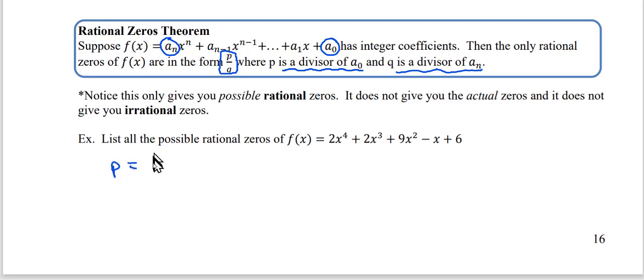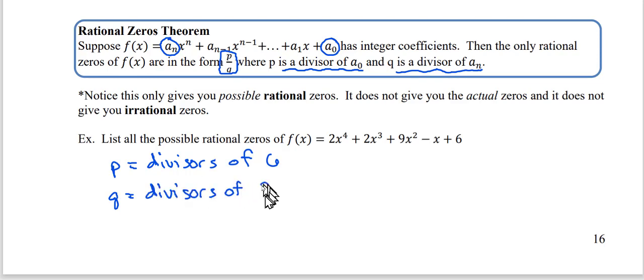P is going to be divisors of the constant, which in this case is 6, and Q will be divisors of the leading coefficient, which in this case is 2. Divisors of 6 are anything that divides 6. Well, 1 will divide 6, 2 will divide 6, 3 will divide 6, and 6 will divide 6.